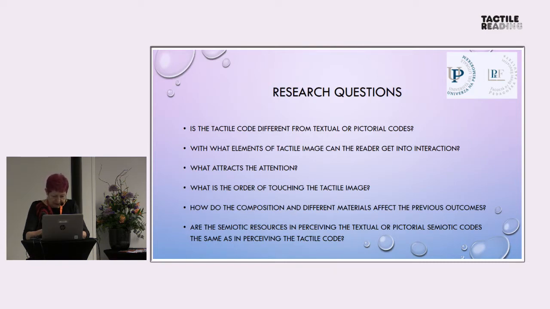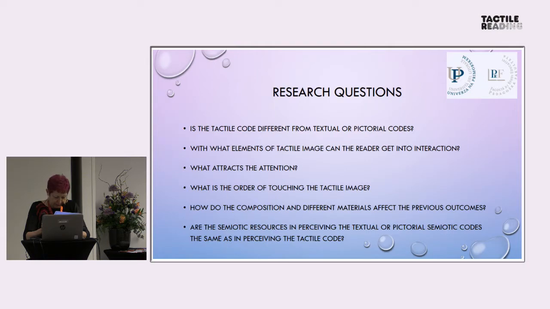The research questions were: Is the tactile code different from textual or pictorial codes? With what elements of a tactile image can the reader get into interaction? What attracts the attention? What is the order of touching the tactile images?